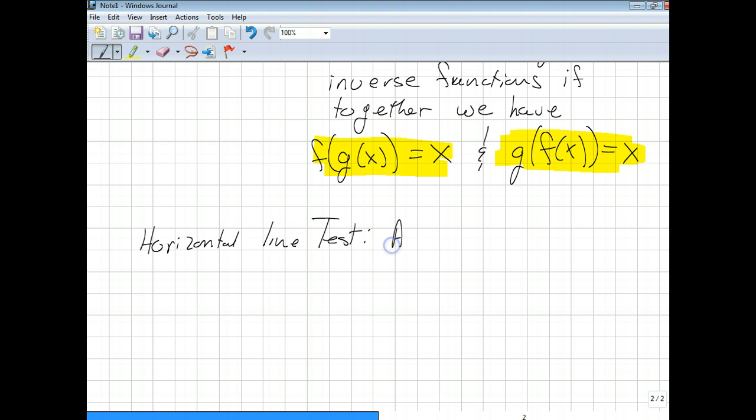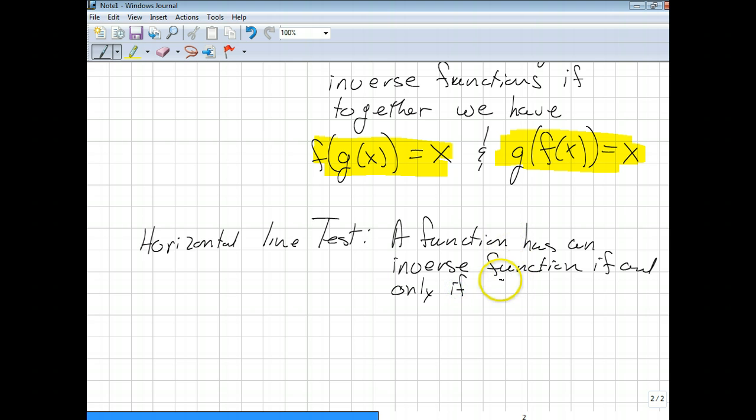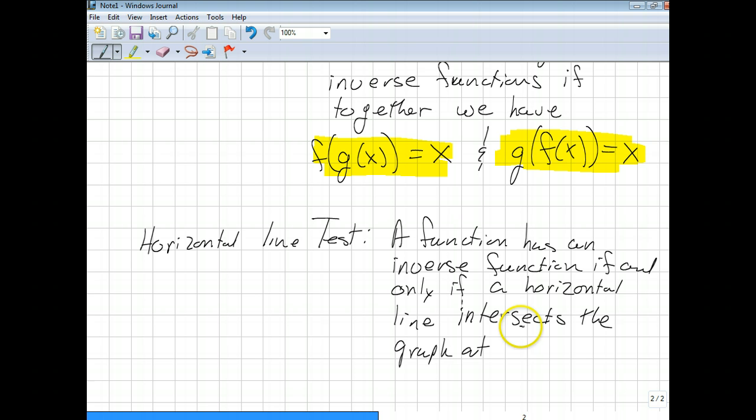We say a function has an inverse function if and only if a horizontal line intersects the graph in at most 1 point.